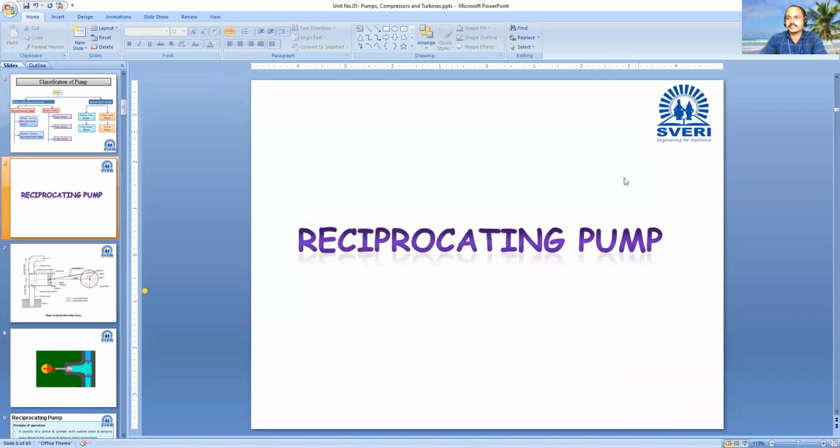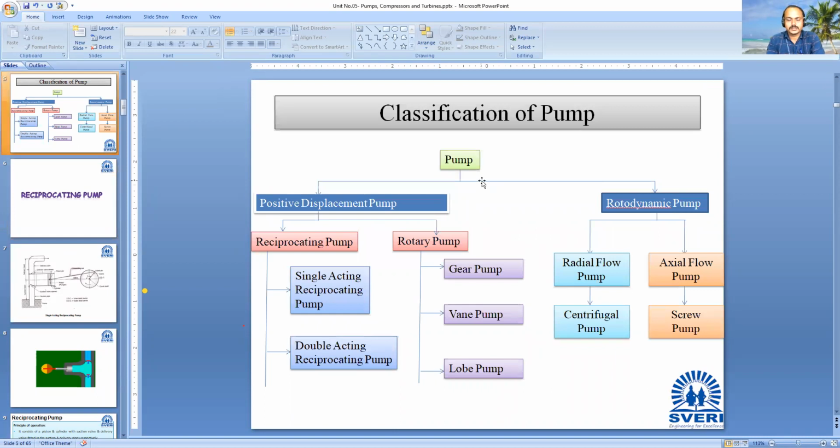So next one is the reciprocating pump. Okay, we will go step by step. Reciprocating pump. If you want, you can take a screenshot of this. Okay, is it okay now? Yes, sir. Please take a screenshot of this slide.